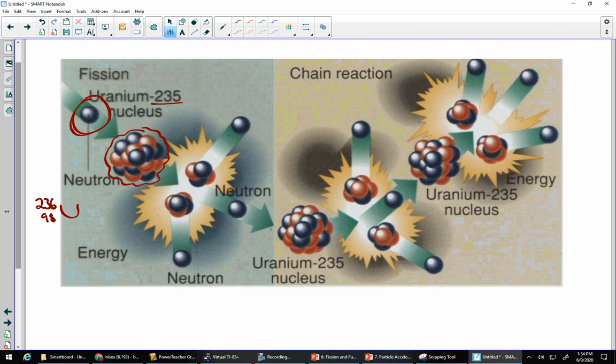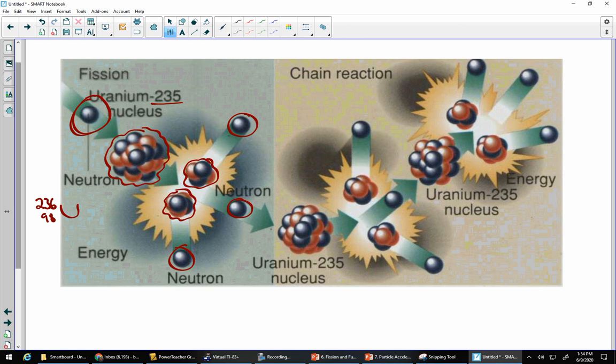Uranium-236 is ridiculously unstable, so pretty much immediately it splits into two smaller nuclei, and in doing so usually gives off 1, 2, 3 neutrons. Those neutrons are very fast moving, typically too fast to get another reaction going, but if they're slowed down, they can go through another. This is our idea of a chain reaction.